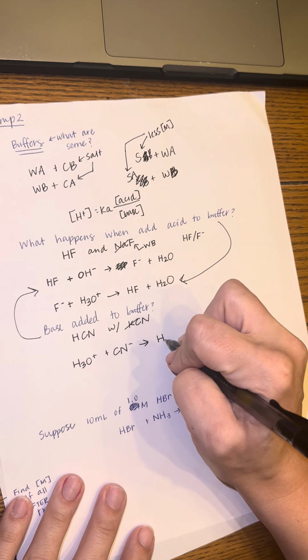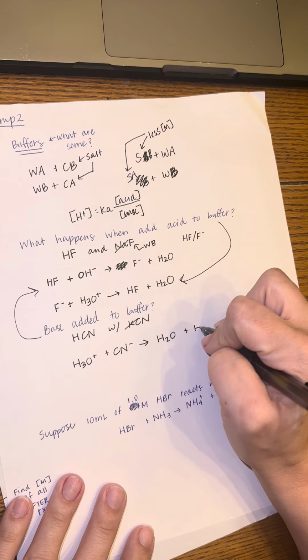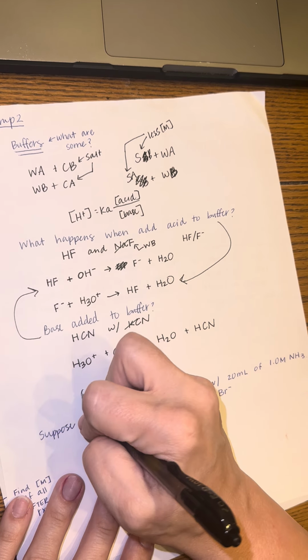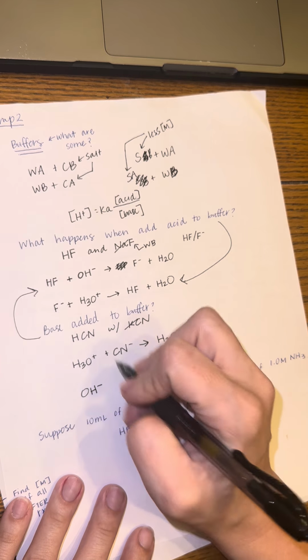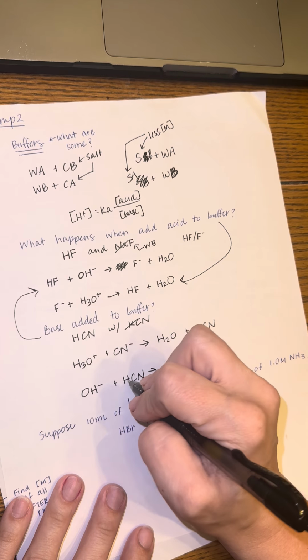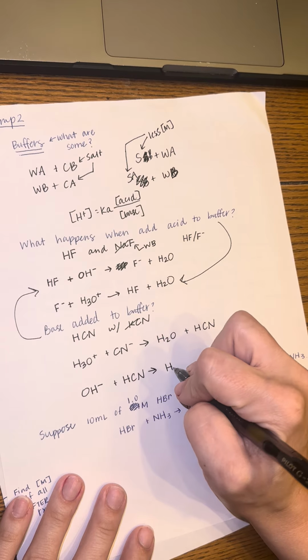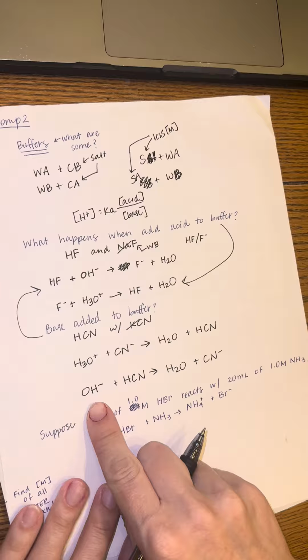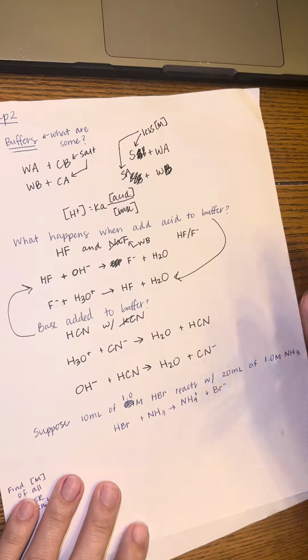It's going to make H2O and HCN, and so now my pH can't change because that's gone. If I add a base to the buffer, then my acid is going to come and take it out, give a hydrogen away and make water and CN minus. And so now my pH can't go up because I'm taking that out. I'm creating these two instead.